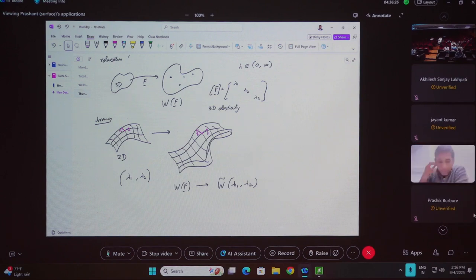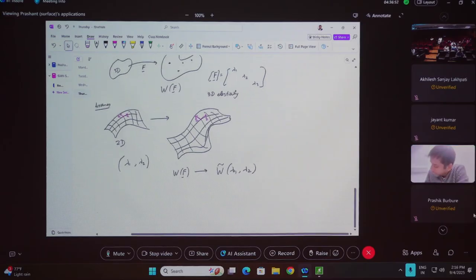But in the case of a membrane, and that's the underlying assumption of tension field theory, an elastic membrane can only store energy when it is being stretched. If it is being compressed, it will immediately develop wrinkles, and it will no longer store energy. It will not be able to hold any load, right?